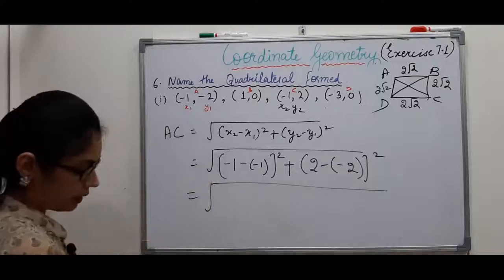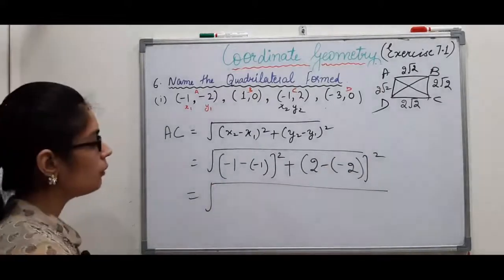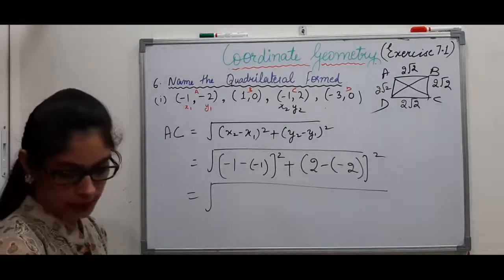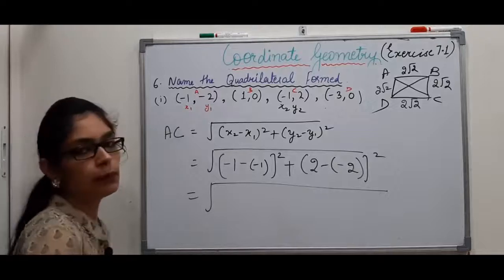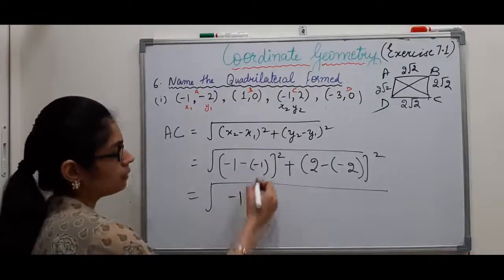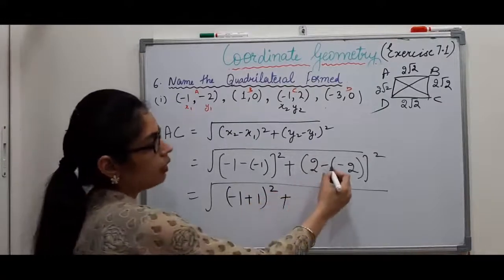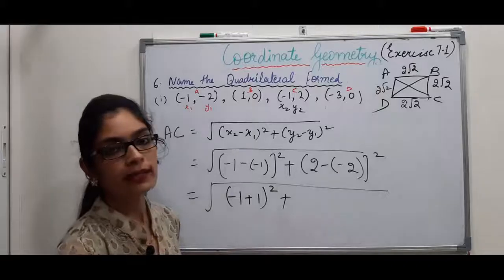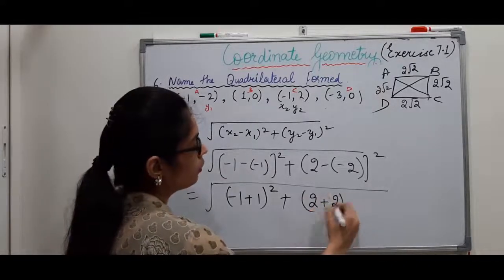So minus 1 minus minus 1. Two signs together, we have to make it a single sign. Minus and minus will be plus, so I will write minus 1 plus 1 whole square plus, again two signs together, minus and minus will be changed into plus. So 2 plus 2 whole square.